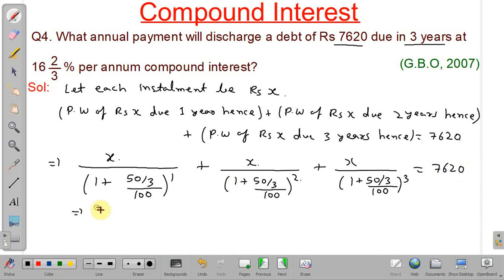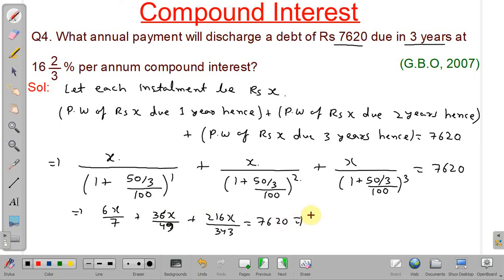So from this we will get 6x by 7 plus 36x divided by 49 plus the third one will be 216x divided by 343, and this will be equal to 7620.